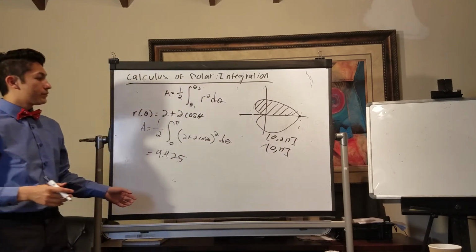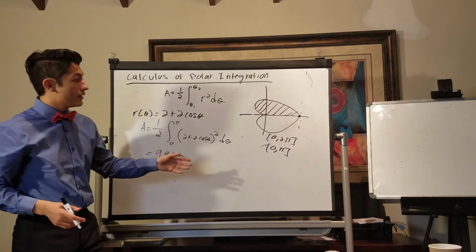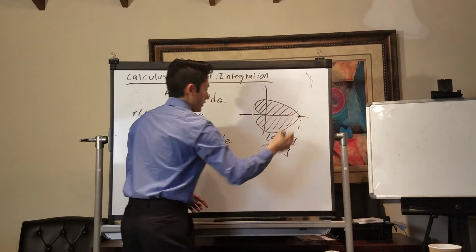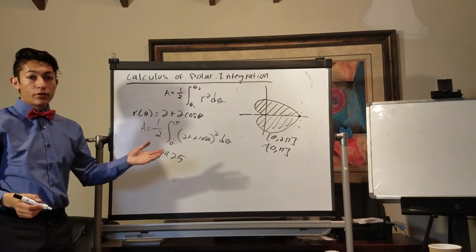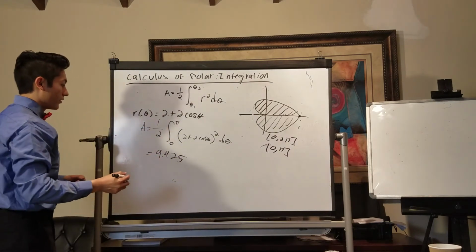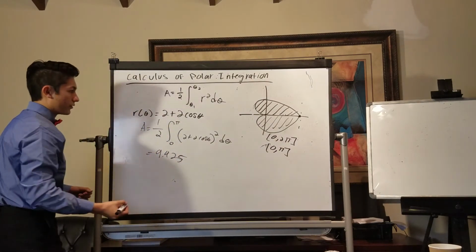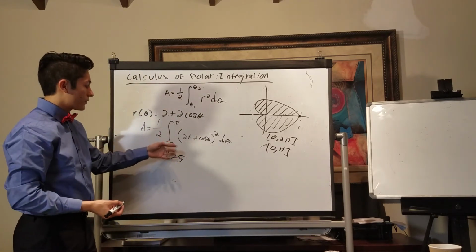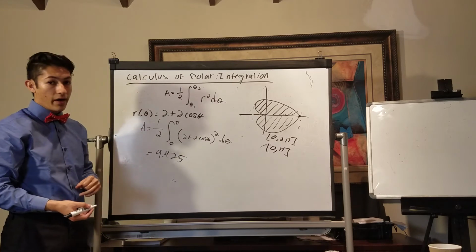9.425. Now, let's say we wanted the area of the entire cardioid. There are multiple methods of doing this. One method, of course, is just doing the same integral here, but going from 0 to 2 pi.